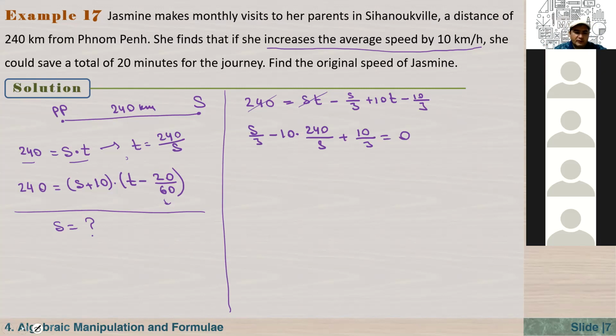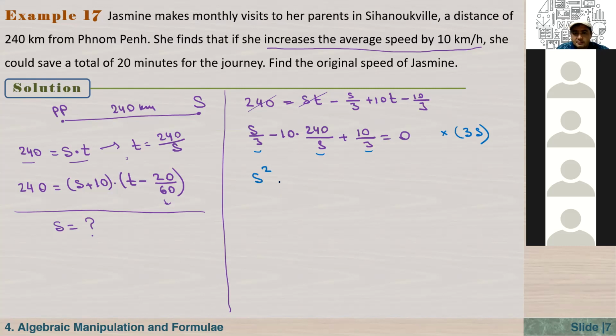Now we have a quadratic equation, right? We know how to solve this. To change this fraction into whole numbers, let me multiply both sides by 3S. The 3s cancel each other, so here we have S squared.